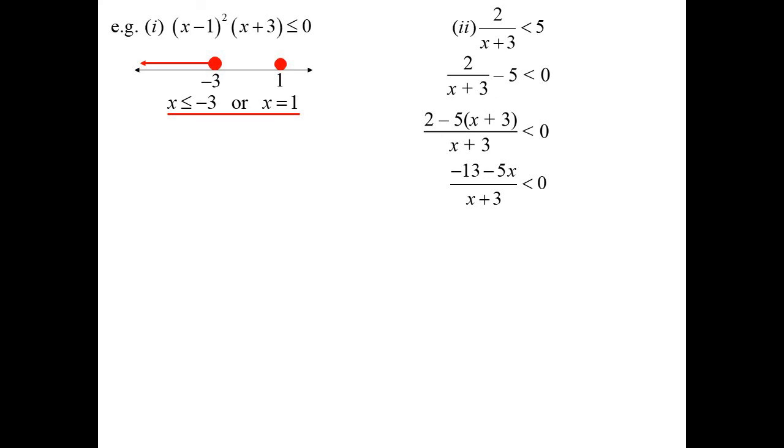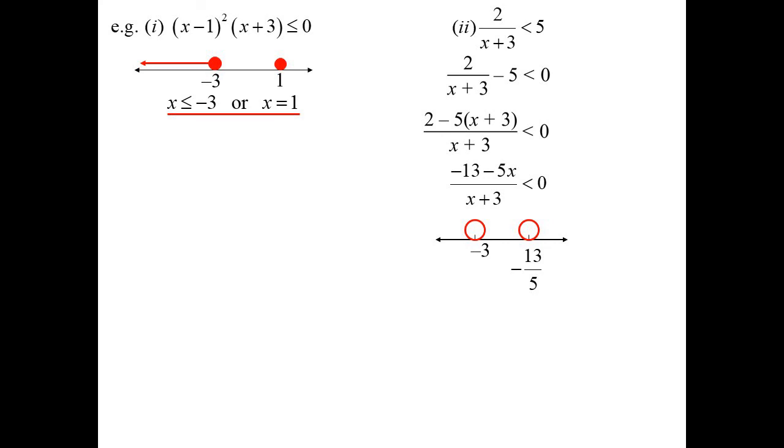Where's the x-intercept? If I've got a fraction equaling 0, it must be the top of the fraction that equals 0. So I know minus 13 on 5 would be the solution to the top equals 0. The other time it could change sign is at the discontinuity. With a fraction, that's where the bottom of the fraction equals 0. So the other one is negative 3. It's another way of finding those two critical points.